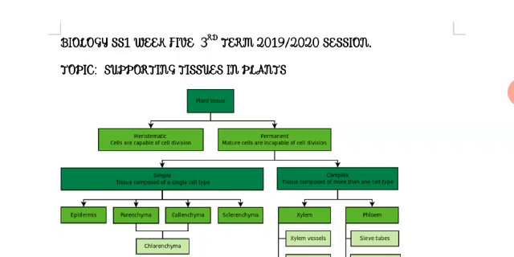Before going into details, you have a chart before you which is ready to summarize what we need to know about plant tissue.